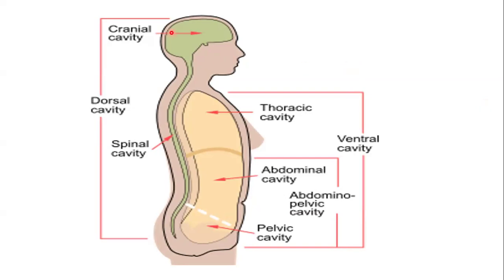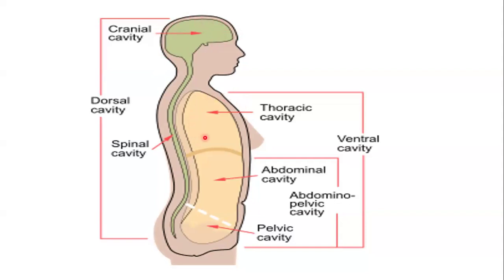So first we have the cranial cavity, which is the one that's upstairs. What does the cranial cavity hold? The brain. Don't write this down, we're coming back to the writing. Then we have the thoracic cavity.